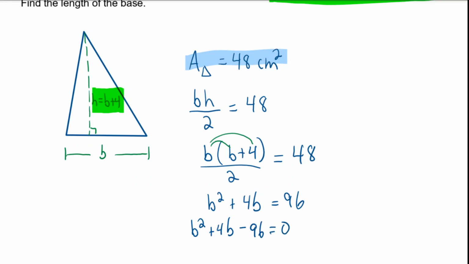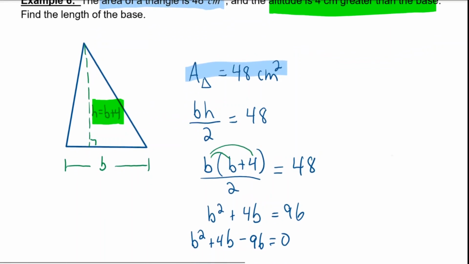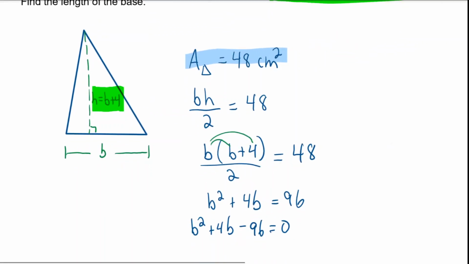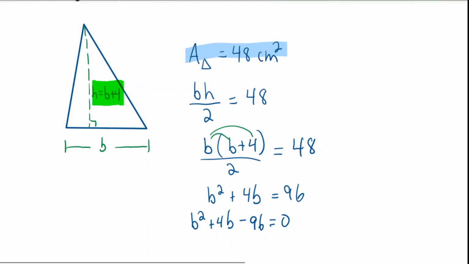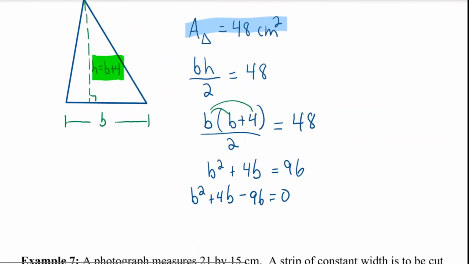All right, so let's continue on and figure out what the factors are for this. And this one's actually reasonable to factor. What we're going to do is think about what's going to add up to be 4 and multiply to be negative 96.